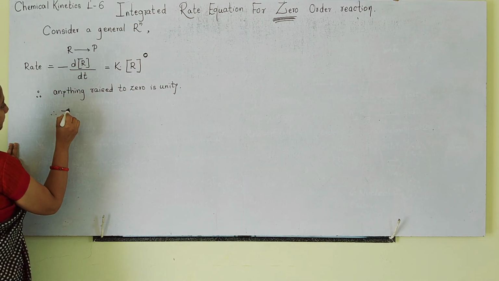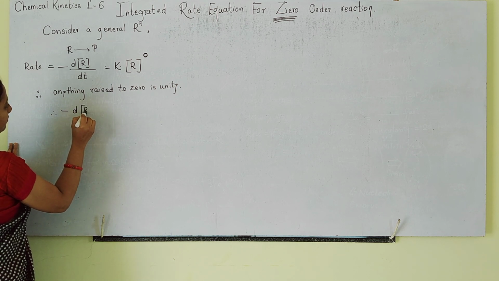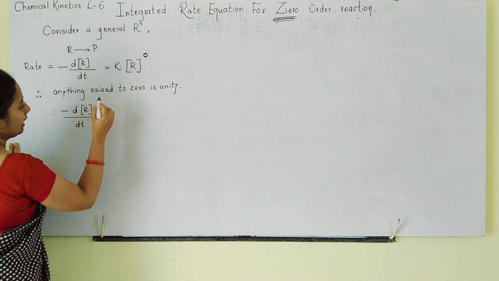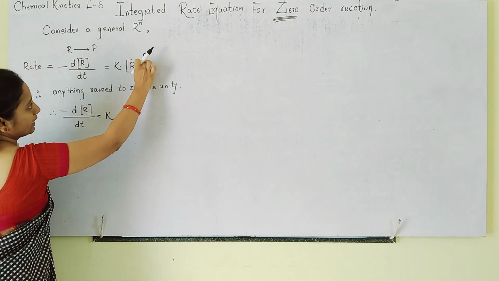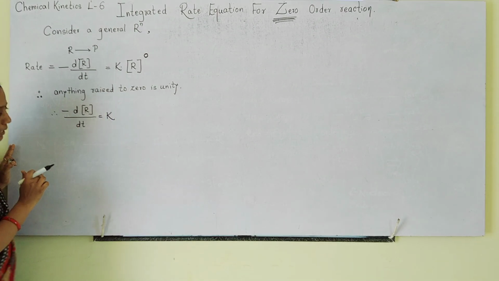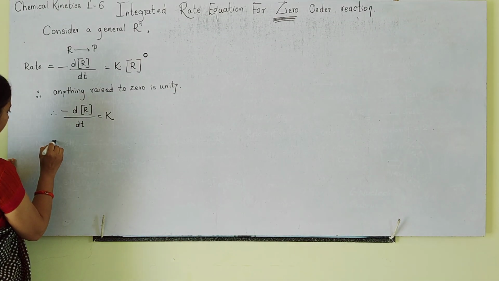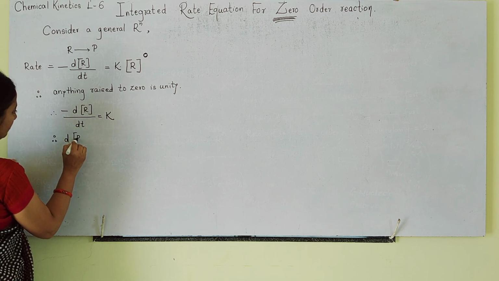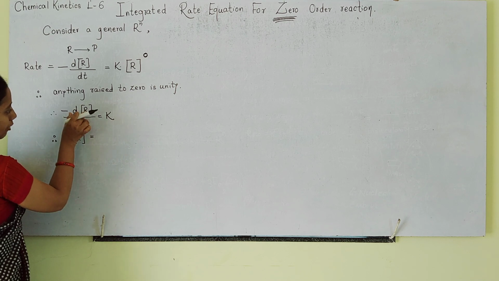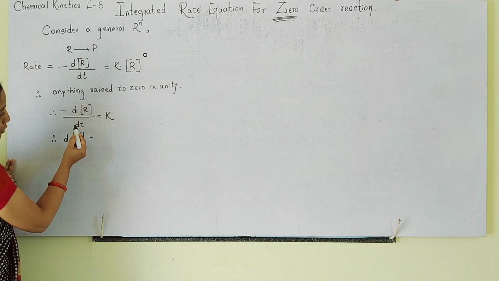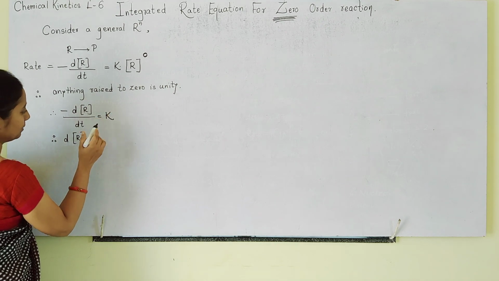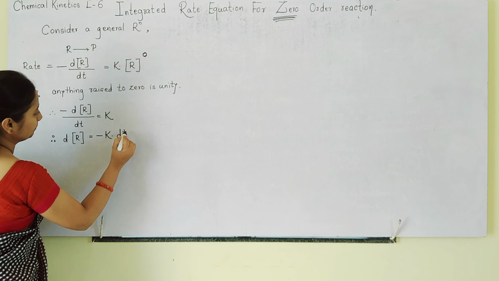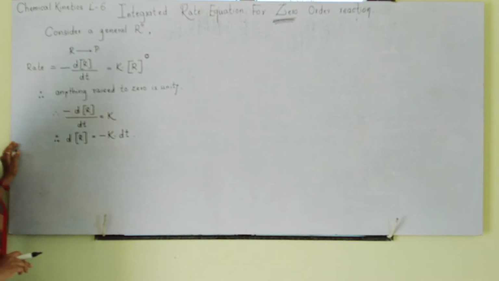See here: k, anything raised to 0 is 1. Therefore, d[R] is equal to, what can I write, students? dt is for division, it will go to the other side for multiplication. I am taking the negative sign to that side. Minus k dt. Step understood well?